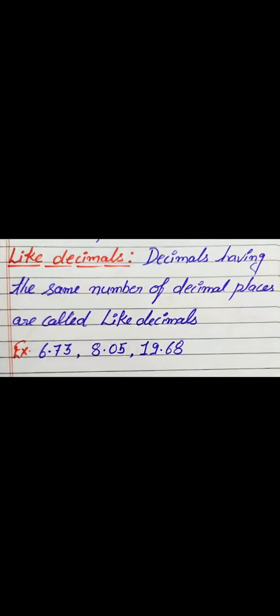Now, what are like decimals? Decimals having the same number of decimal places are called like decimals. As you can see in the examples, the first one is 6.73, which has two decimal places, 7 and 3. The decimal number 8.05 also has two decimal places, 0 and 5, and 19.68 also has two decimal places, 6 and 8. So they all have the same number of decimal places, so these are like decimals.